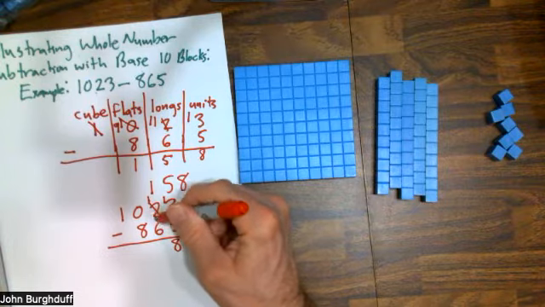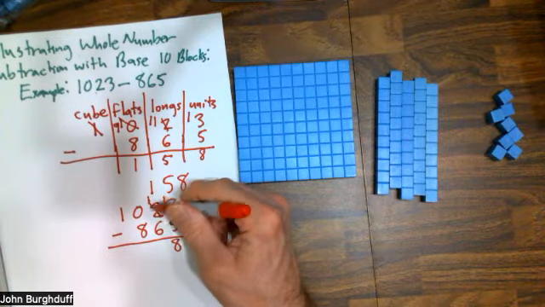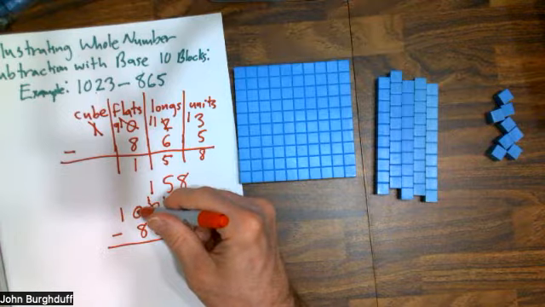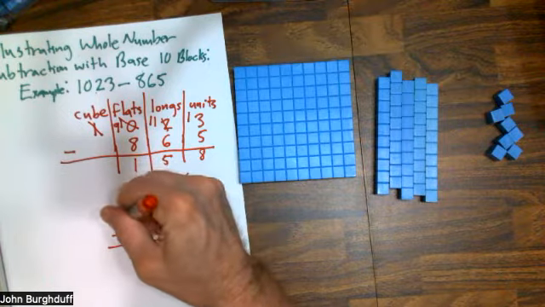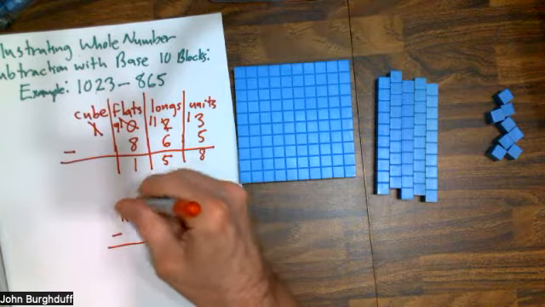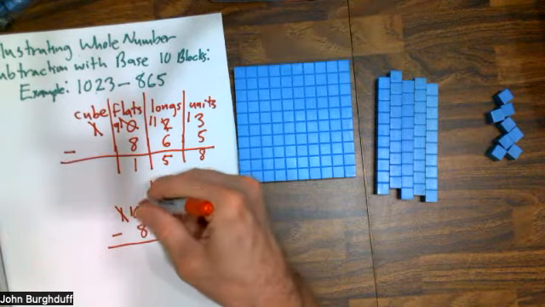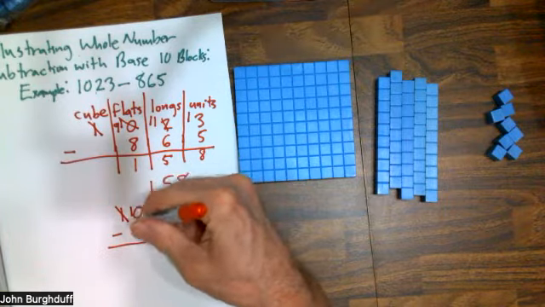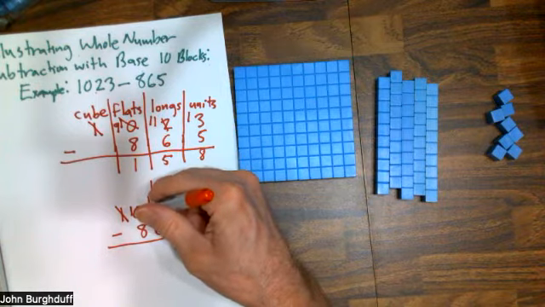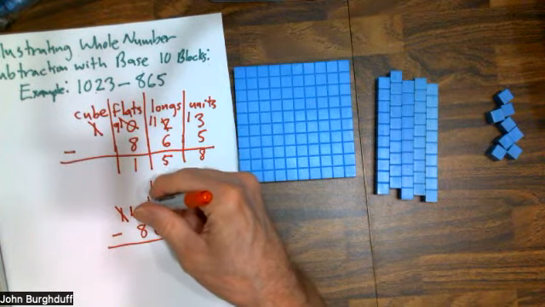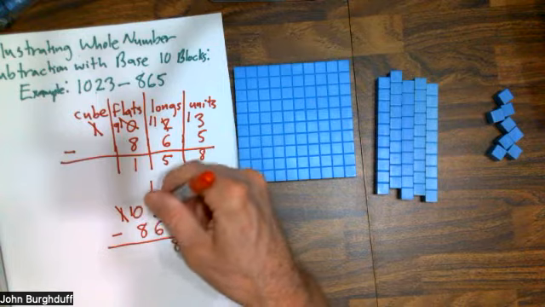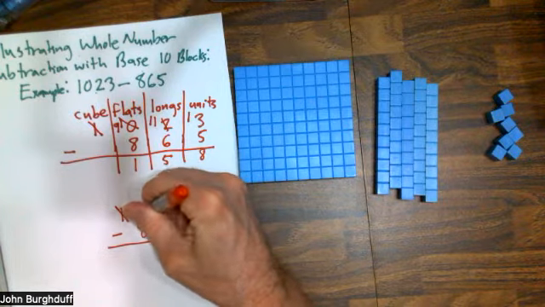In the tens place, I'm trying to take away 6 tens from 1 ten. Can't do it. No hundreds to borrow from. So I take the thousands, use that to create 10 hundreds or 10 flats. Don't want to do anything here yet because I've got something not finished in my tens column.